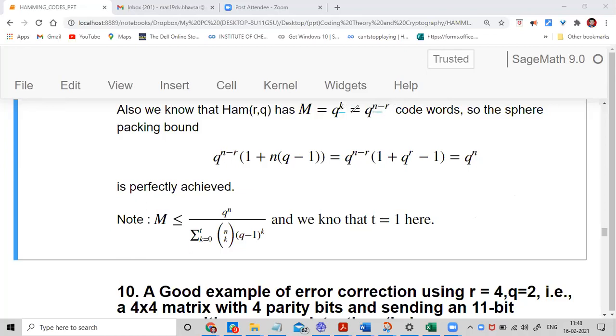Is it clear to everyone? Yeah, okay. So now substitute 2 everywhere, and check whether it is really equal or not. Yeah, you can proceed.